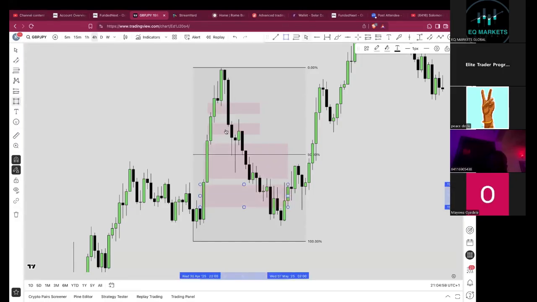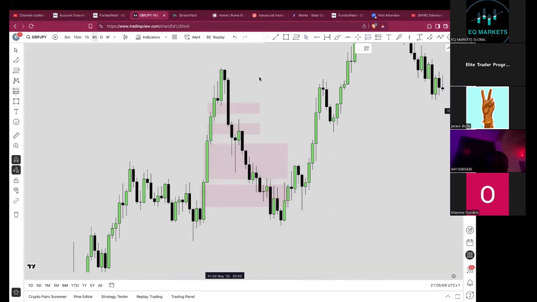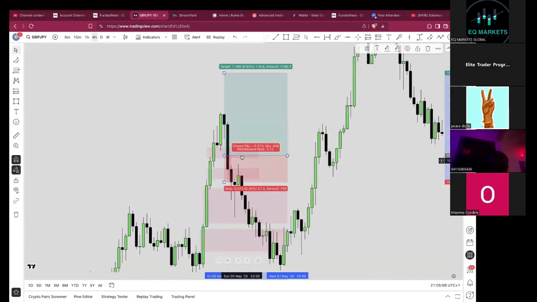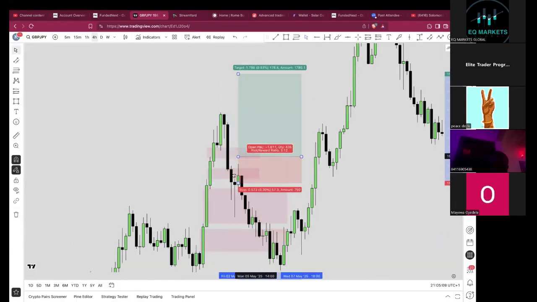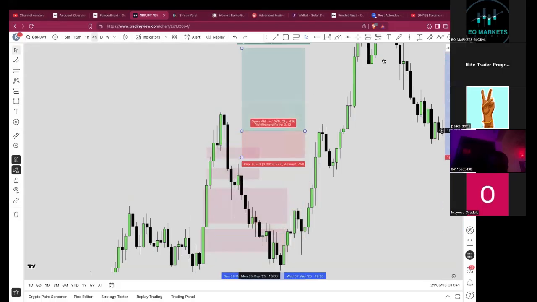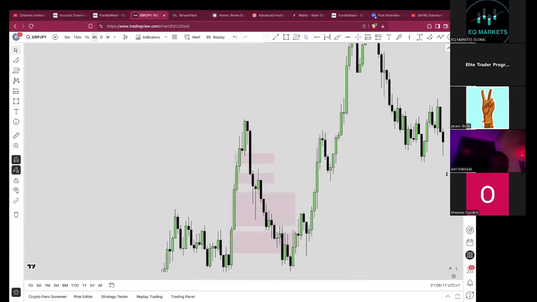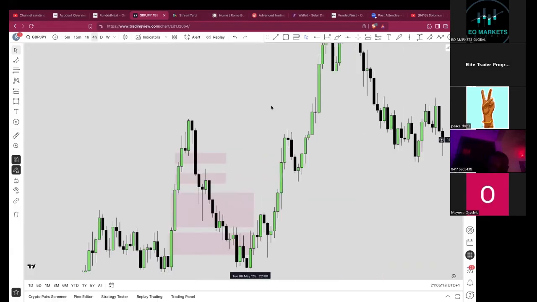So which of these should I take a trade from? It is possible you want to take a trade from the first one, and you get stopped out. You move down to the second one, you get stopped out. Move down to the third one, you get stopped out. That is where the understanding of the premium and discount array comes in handy.